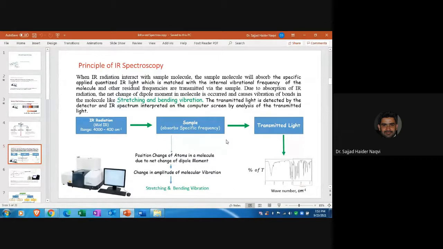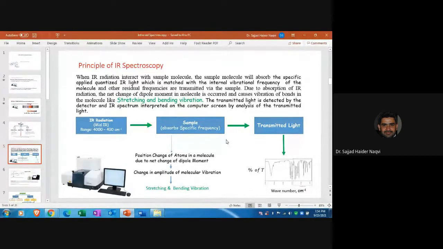And this IR spectrum is interpreted on a computer screen by the analysis of the transmitted light. This is a pretty much automated technique. It's not like what you guys were doing in 411 and 4212, where you found the OD and you drew the graph. These instruments are pretty much sophisticated and they are automated.